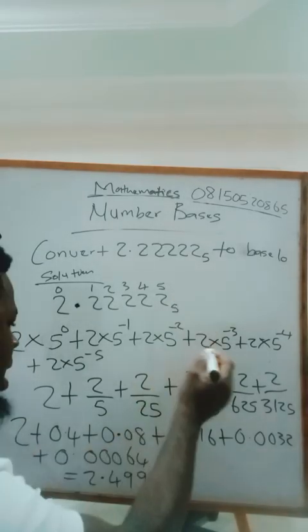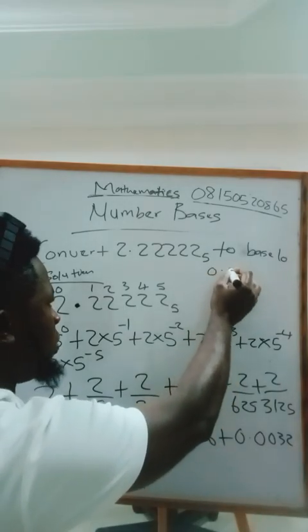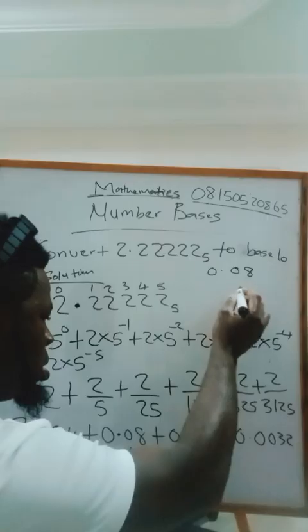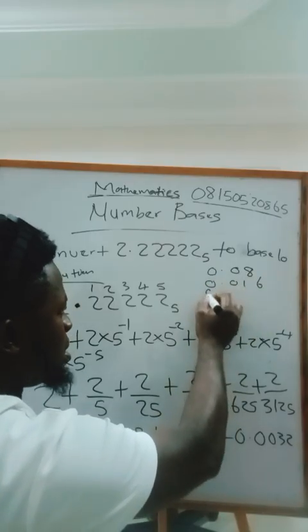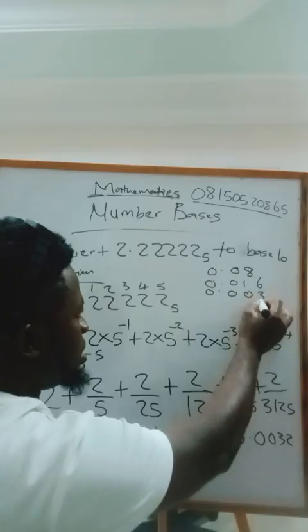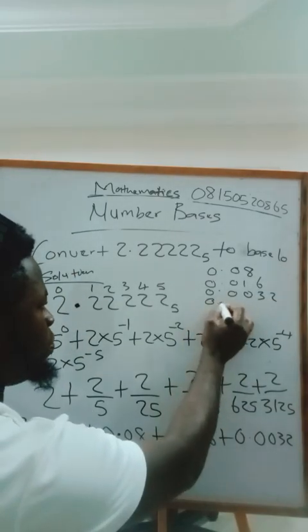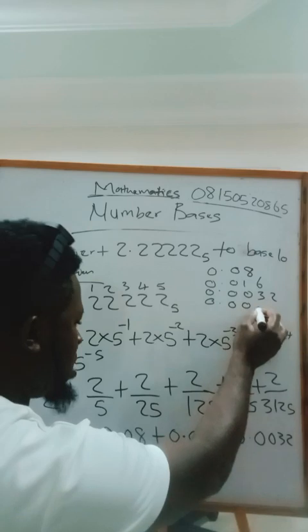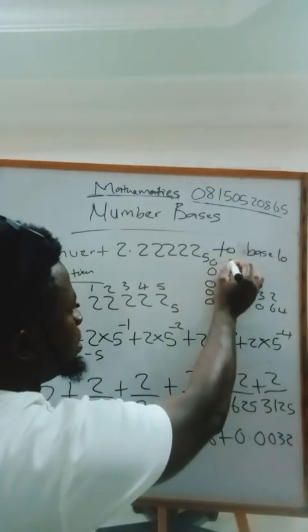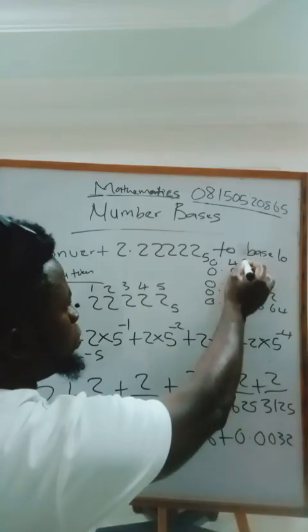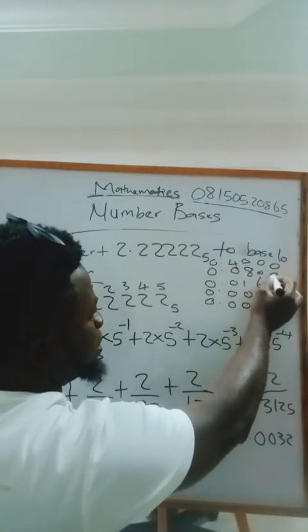If you add it, let's try to add it somewhere here. 0.08 plus 0.016 plus 0.0032 plus 0.00064 plus 0.4. So let's add 0 to balance every other one.